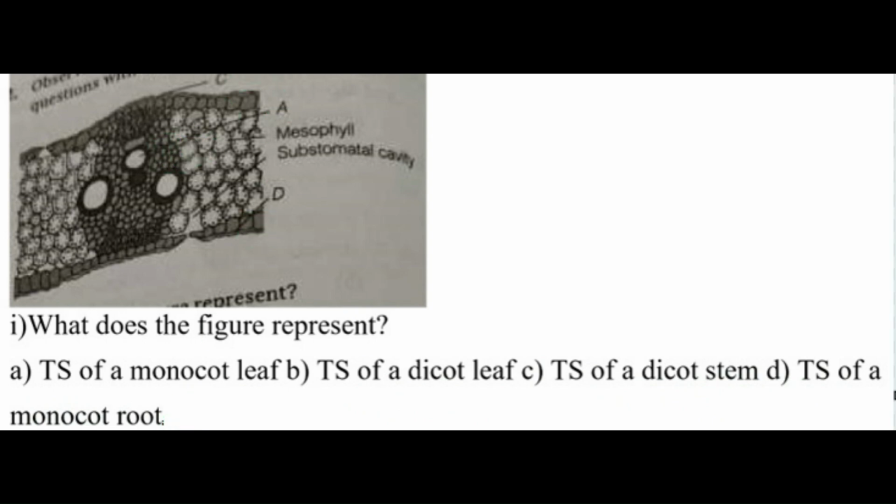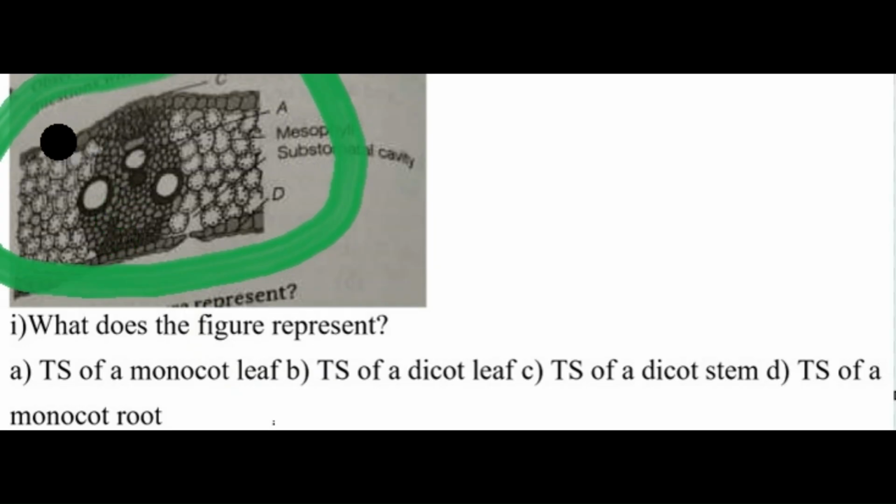Now here, this denotes a leaf transverse section. And we can see here there is a stomata here. There is also a stomata here.